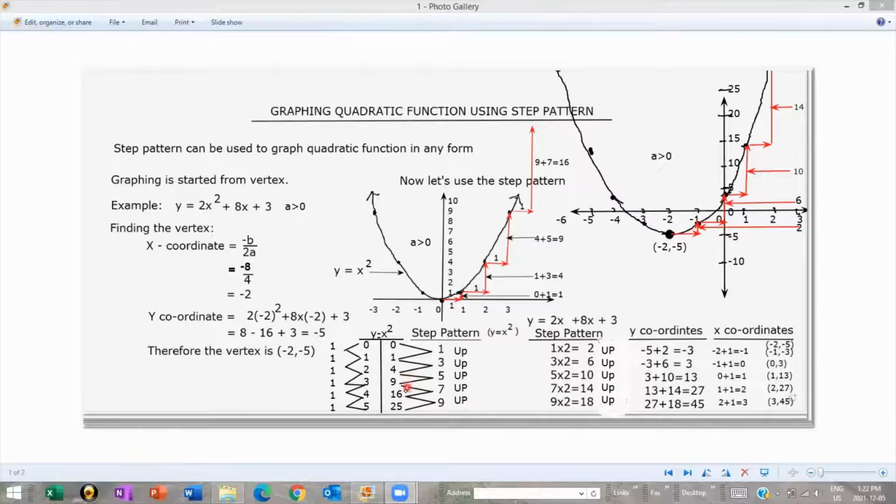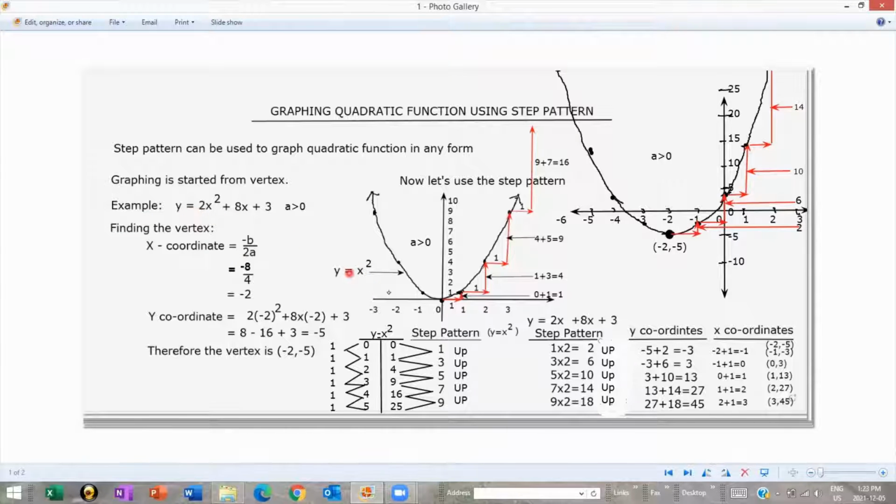We apply this step pattern to any of our equations. Here we have y equals 2x squared plus 8x plus 3, and we are going to draw this. In the basic graph, a is 1; here the coefficient is 2.